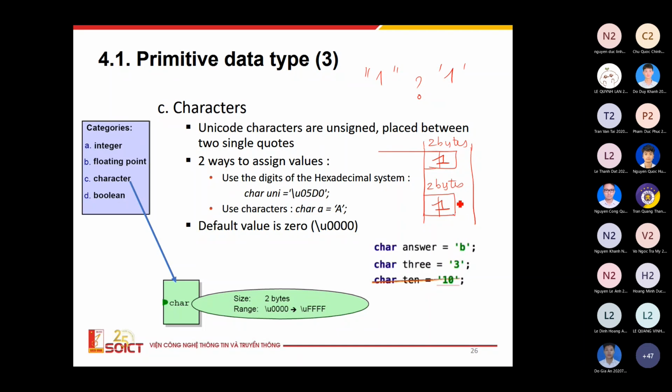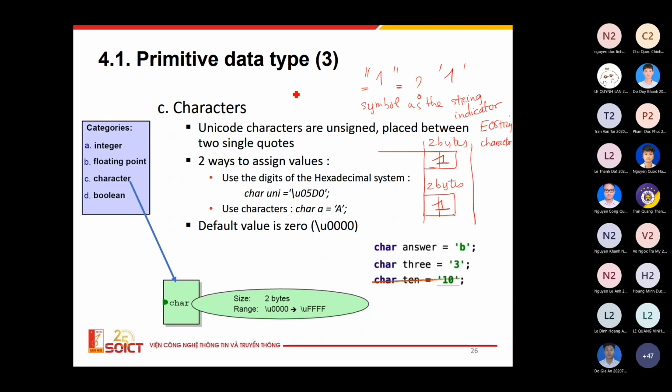The difference here is, when you use a string, what will happen in the memory? It will have to use a symbol, how to say, a string indicator. Yeah, and in this case we call it the end of string character.